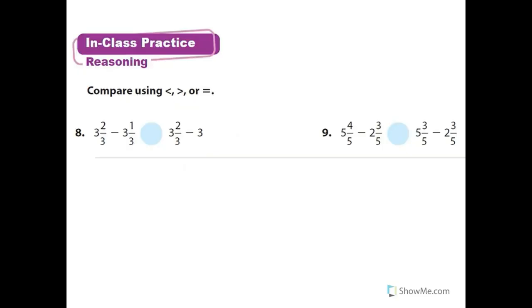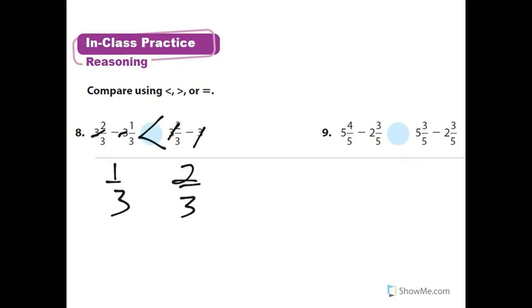Alright, so 8 through 11, we're going to compare using less than, greater than, or equal to. So on number 8 here, I've got 3 minus 3 is 0, 2 minus 1 is 1/3, and 3 and 2/3, well, I'm going to take out my whole numbers first, and I'm going to have 2/3 left.